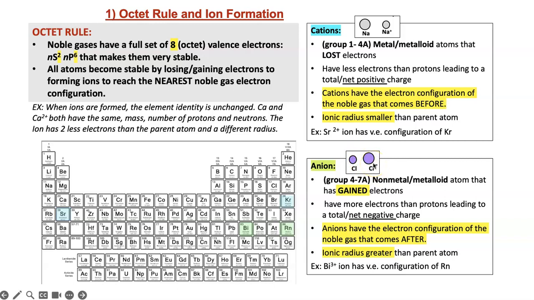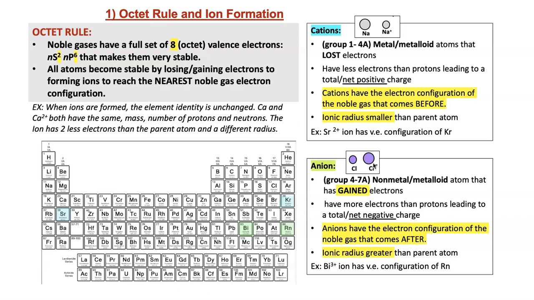So if I say there is an atom and its ion, and the ion is larger than the neutral atom, you know this ion is a nonmetal or a metalloid that has gained electrons.